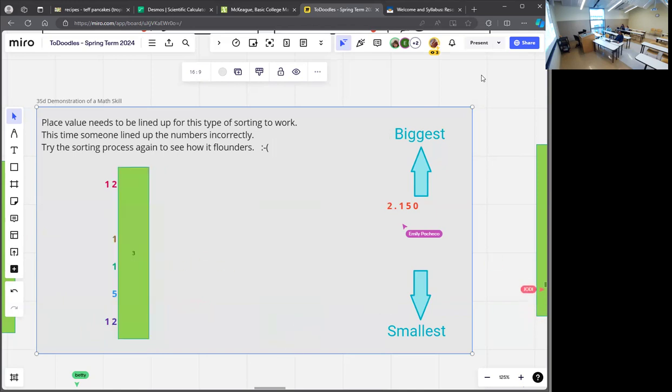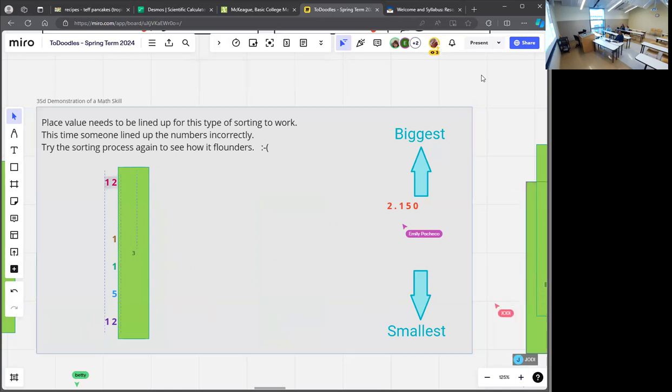Oh, we have some 12s. So 12 looks bigger, but oh, the 12 is bigger than the 2 we had to start with. That's not right. And there's a 12 here. And yeah, that's even the biggest still. Okay, now we can move to the next green rectangle.